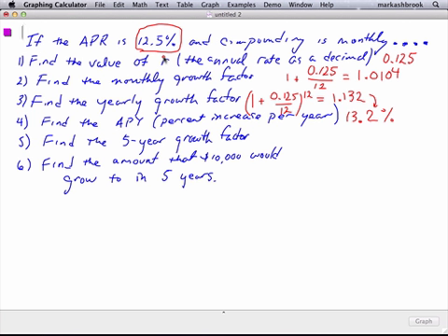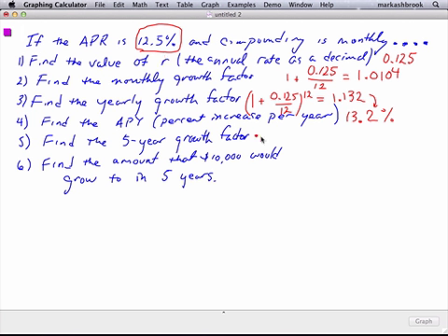The effect of that, the yield, the annual percentage yield, is the effect of chopping it up into 12 and letting the interest grow on the interest 12 times. In effect, we really get 13.2% every year on our money rather than 12.5%. Does it make sense? You increase by 0.7%.